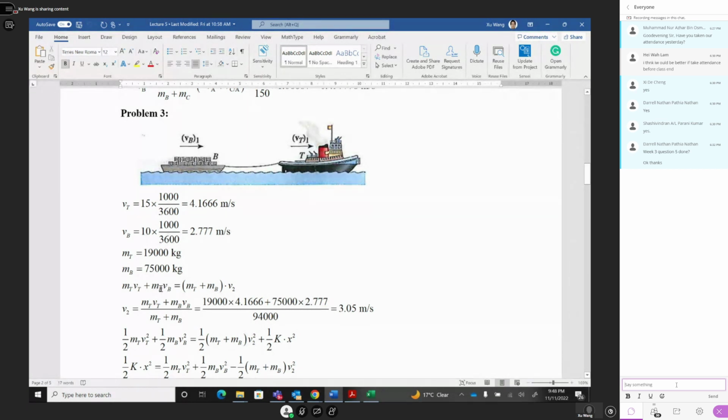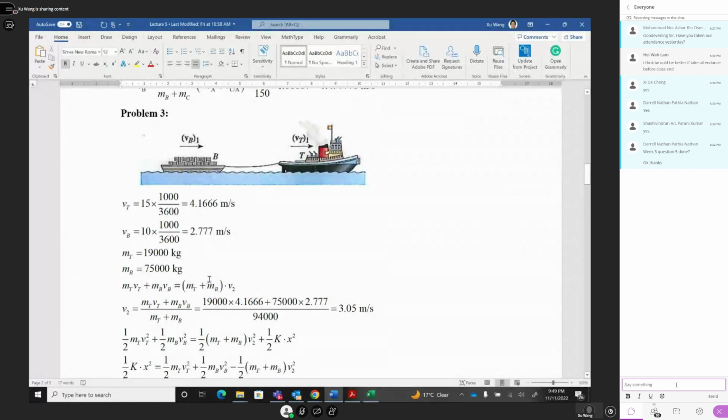After they reach the maximum stretch, they move together, which is MT plus MB multiplied by V2, the speed they move together. Okay, this is the momentum balance. At the beginning, the separate speeds give a momentum. After maximum stretch, they move at the same speed. Then you can solve this equation to find V2.